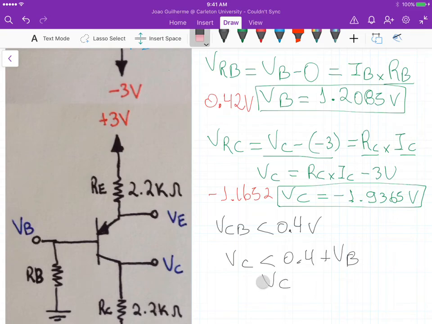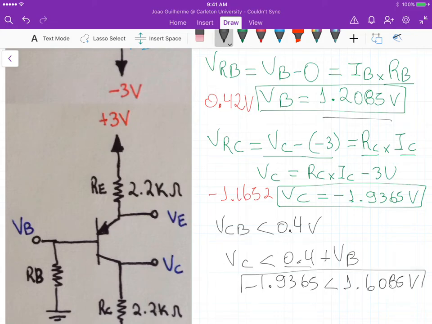So we know VC is minus 1.9355, less than 0.4 here times the base current here, which gives us 1.6005 volts. So this again holds, and our assumption for active mode operation is still valid. Okay, so it's okay. And then we are done with part B.